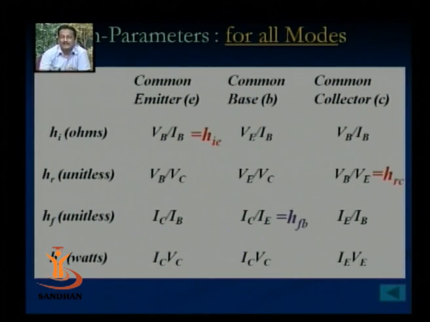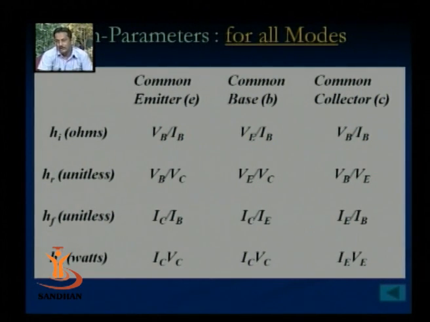Likewise, if it is a common base mode, then the ratio of collector current to the emitter current is called HFB. And if it is a common collector mode, once again we have HRC, that is the ratio of base voltage to the emitter voltage, the reverse voltage ratio.